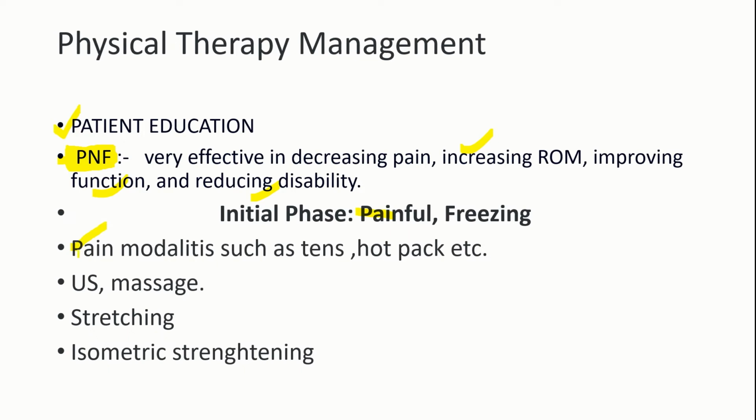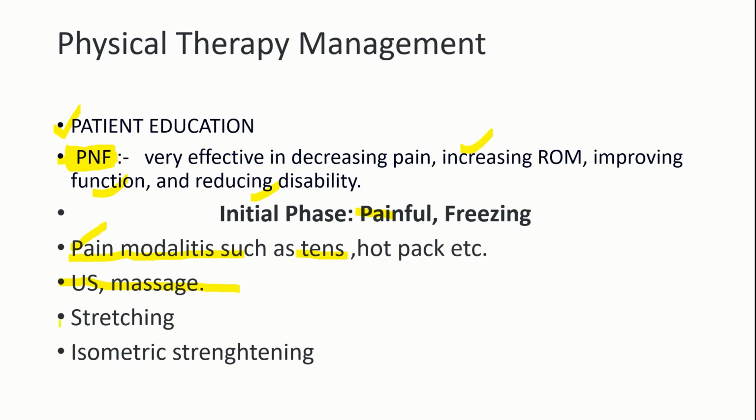So for that, we have to manage pain by giving modalities such as TENS or hot pack or ultrasound and massage. All these things are suggested in the initial stage to manage the pain of the patient. Once the pain starts to decrease, only then can we implement the exercise protocol.